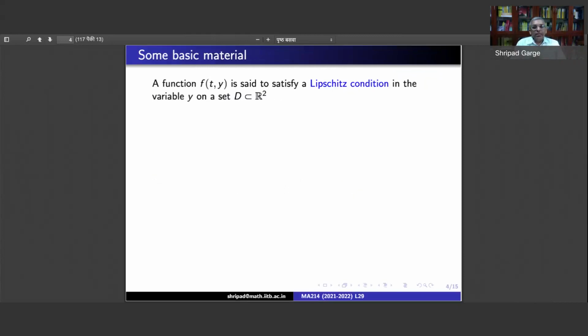The basic material that we have to learn centers around something called the Lipschitz condition. So let's understand this.